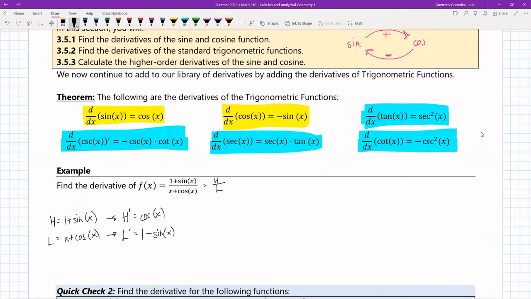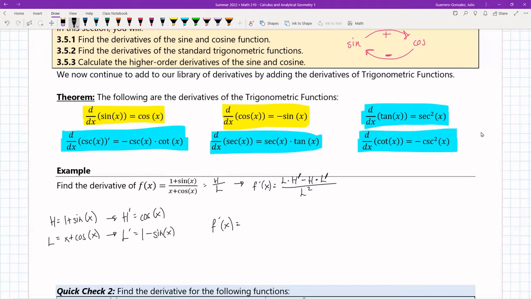And if we want to take the derivative of this, then f prime of x, you guys remember the little saying: it's low times d high minus high times d low, all over low squared. Let me draw that nice. Low squared. So f prime of x in this case, we just get to follow the rule.